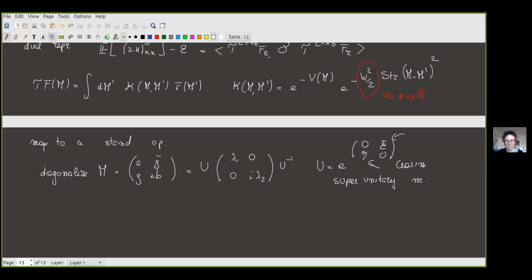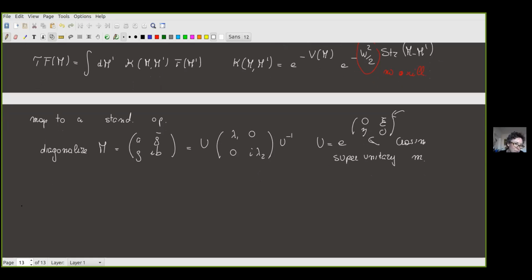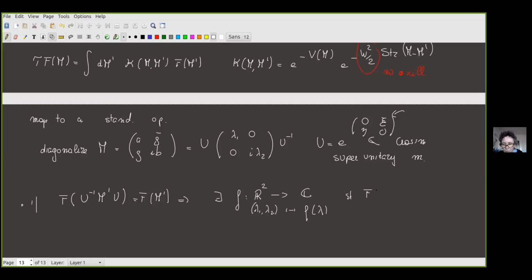Okay, and now same game, if our function is invariant under, I call it M prime, under unitary rotations, well then there exists a function little f, which is defined on R2, on two variables, taking complex values, lambda 1 and lambda 2, such that F of M is little f of lambda 1 and lambda 2.